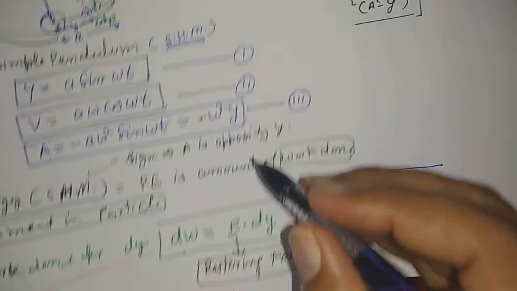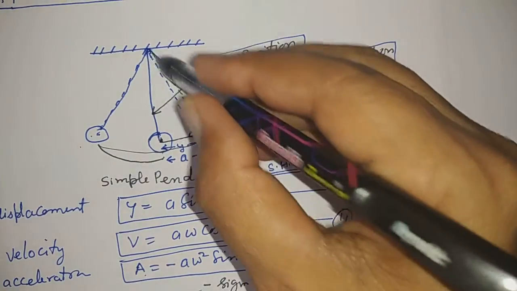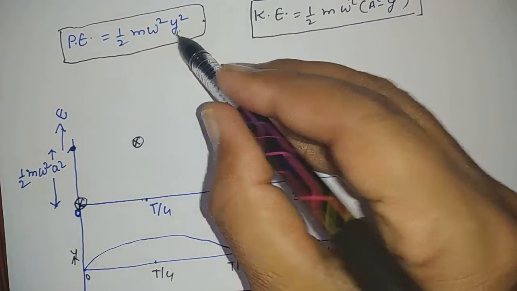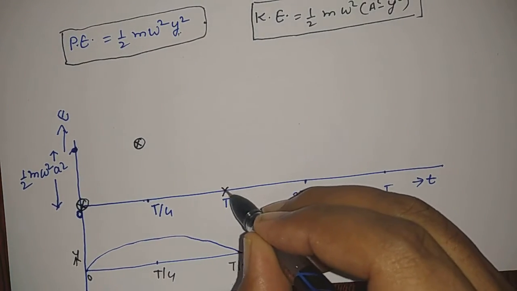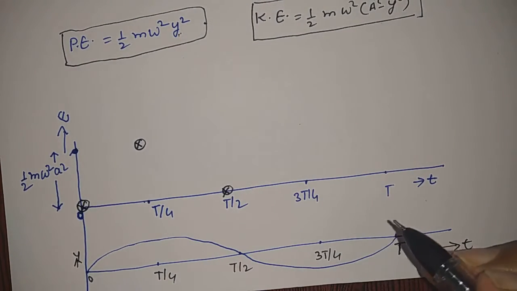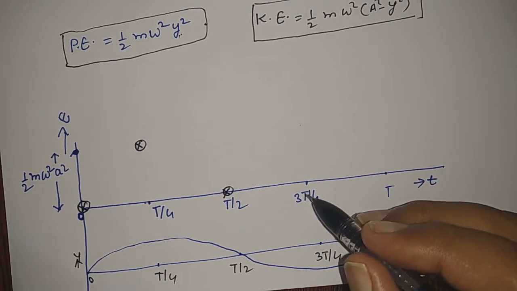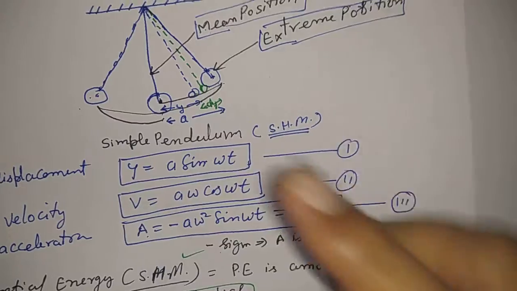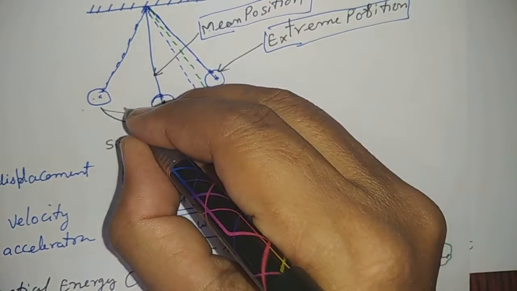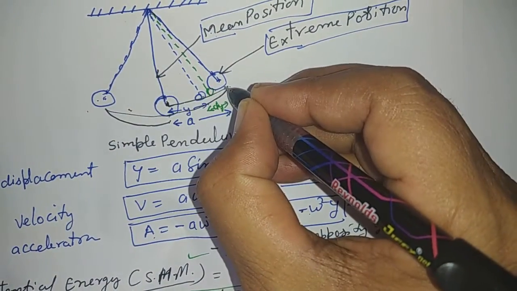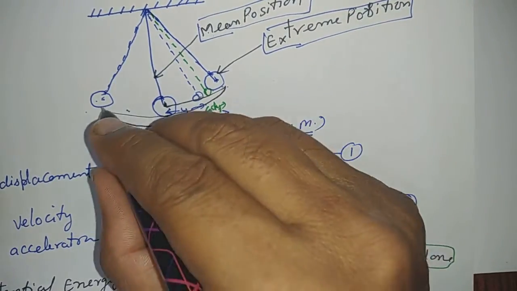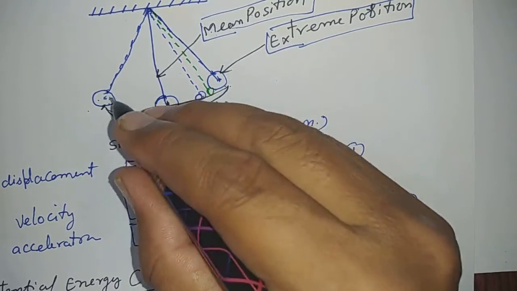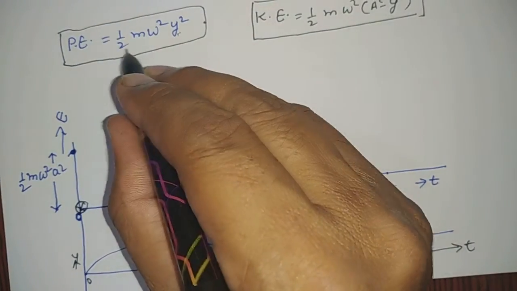At t by 2, see the position of the pendulum. Come back to the mean position, displacement again becomes 0. y is 0 means potential energy is 0. Right? Then 3t by 4, see the situation in the diagram. Extreme position means y is equal to a again. Then what is the potential energy?